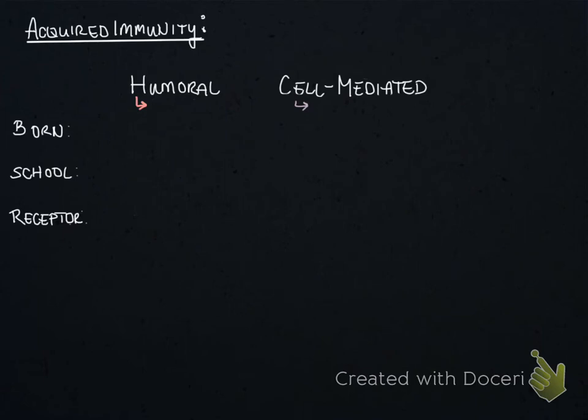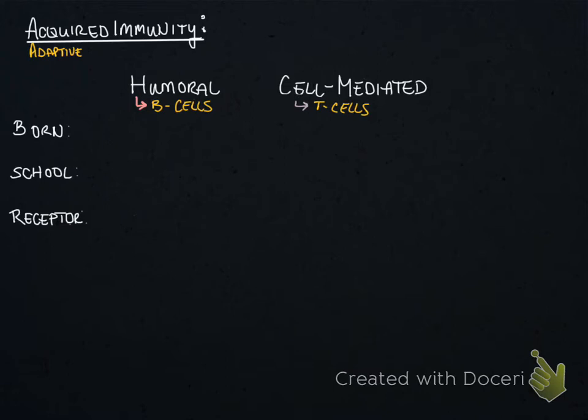Now let's talk about acquired immunity or adaptive. This is broken up into two different classes. It is either humoral or cell-mediated. If it's humoral, it is mediated by B cells or B lymphocytes. If it is cell-mediated, it is mediated by T cells or T lymphocytes.